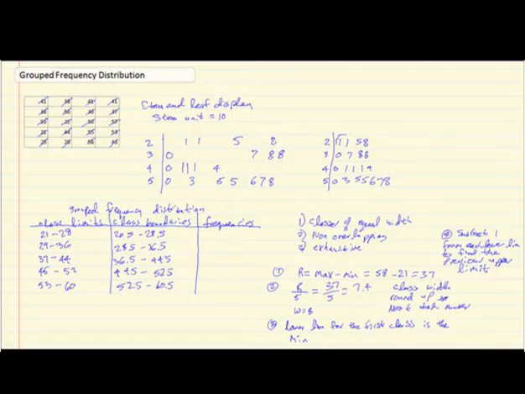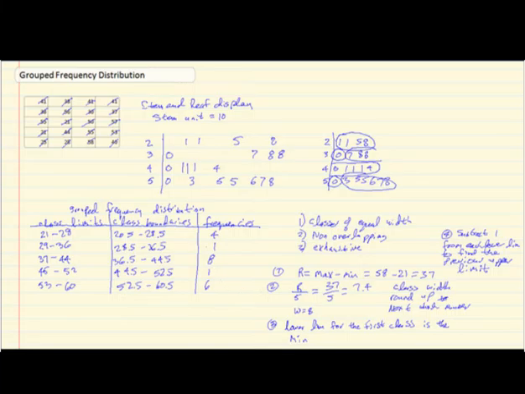Well, there were 4 data values. 29 to 36, there was actually 1. 37 to 44, there are 1, 2, 3, 4, 5, 6, 7, 8 data values in that group. 45 to 52, there's only 1. And 53 to 60, there are 1, 2, 3, 4, 5, 6.